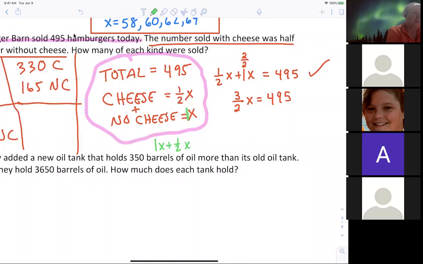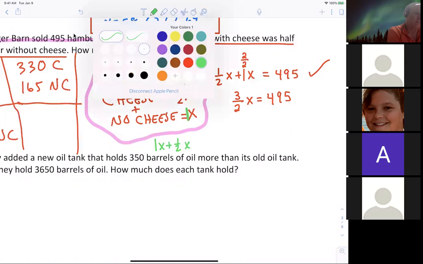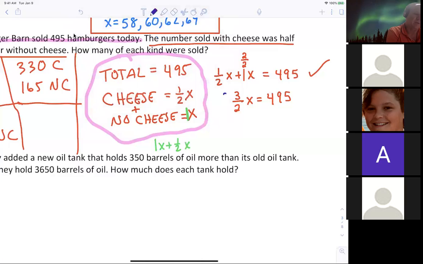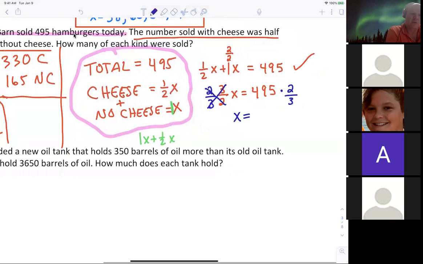All right. Now we're going to multiply, of course, by the reciprocal. So when we multiply by the reciprocal, this is 2/3 times 495, because these cancel. x equals, I like to divide first.